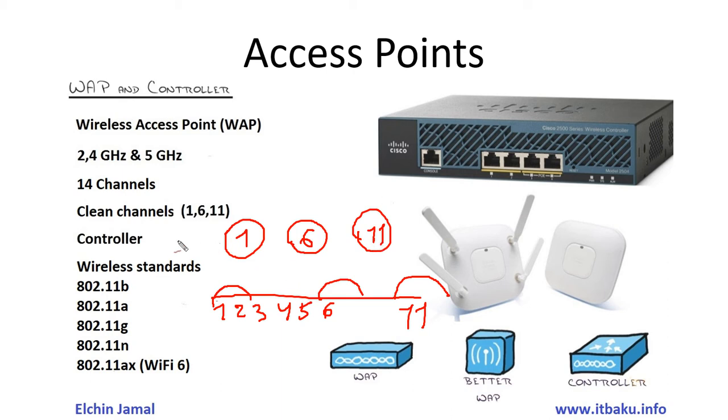For instance, if I put an access point here next to this access point, which channel should I assign to it? Of course not 2, of course not 3, yes? Most probably 6 channel, right? These two access points are far away from each other, so they don't cross, they don't interfere with each other. So it's not a problem.